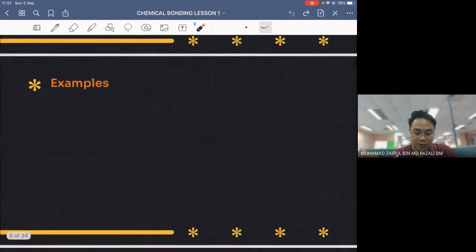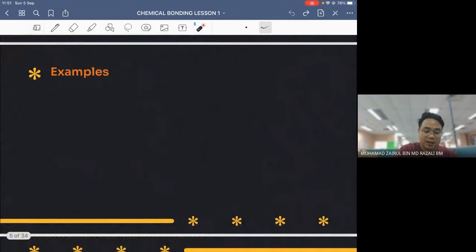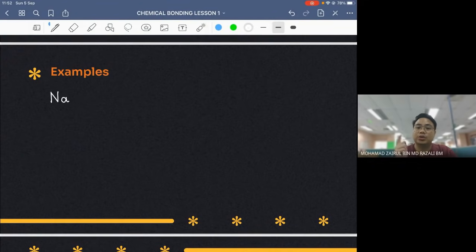So for example, kalau saya ada sodium, we know that sodium is located in group 1. That means sodium must have 1 valence electron. So the symbol of the element represents the nucleus of the atom.